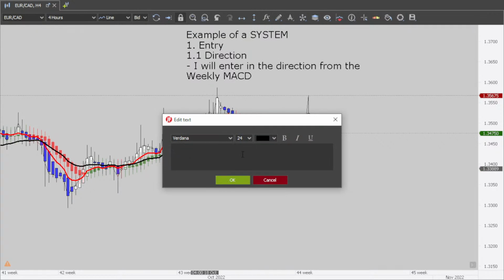So, 1.2, I am going to enter on the 30-minute chart when the 3 indicators from the 30-minute chart and the 4-hour chart are going to be aligned.